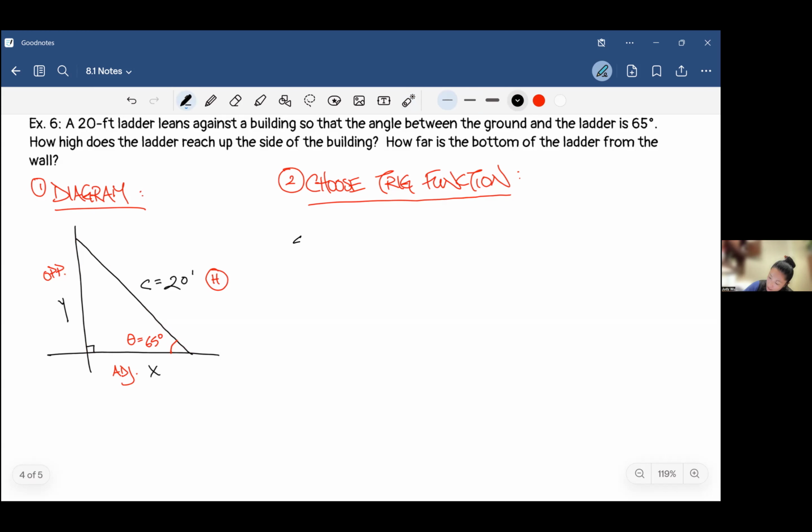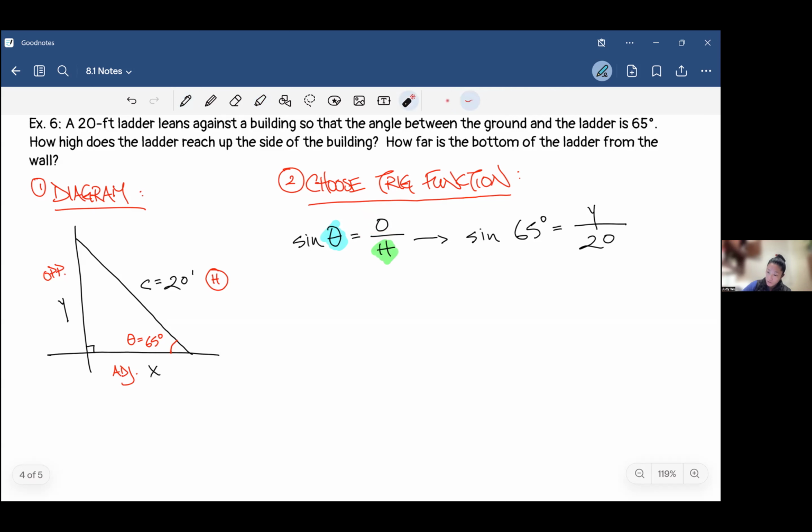And since we know that sine of theta is opposite over hypotenuse, this is the function I can use to say sine of 65 equals opposite, which is y, I don't know what it is yet, divided by 20. Okay. So the way that we're choosing it is we have this angle and we have this hypotenuse, so that will help us find the one thing we don't know, which is the opposite. Okay.